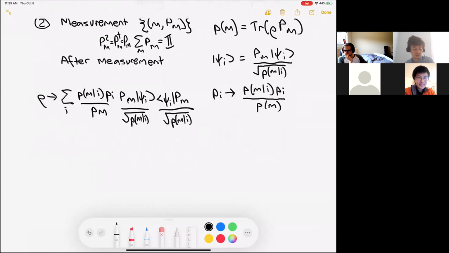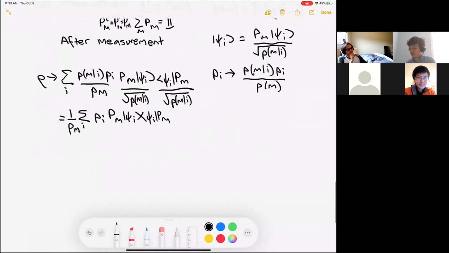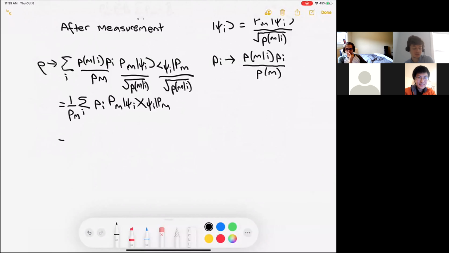And we find that this is just equal to the sum over i of pi, PM psi i, psi i PM, all divided by PM. Okay, so we can just write this very nicely in terms of the density matrix.